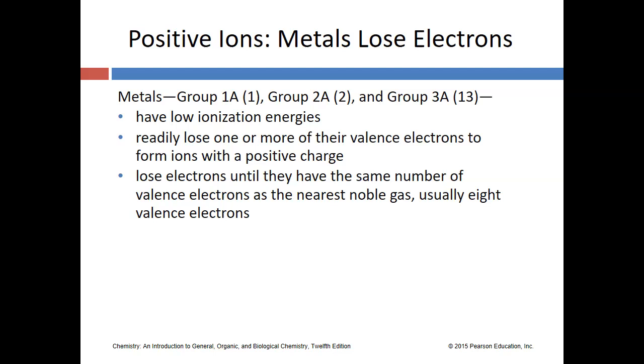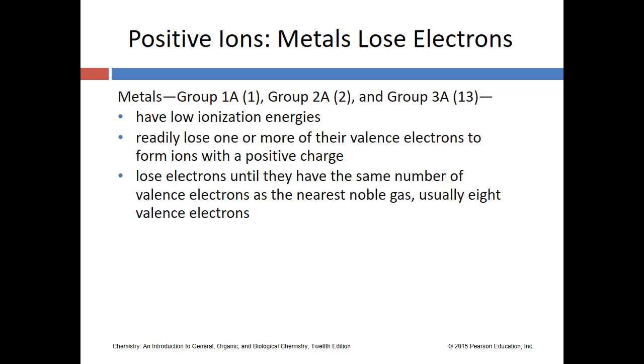So lose 2 or add 6. Again, losing 2 seems to make the most sense. So from that perspective, we would expect a charge of +2 on those alkaline earth metals.